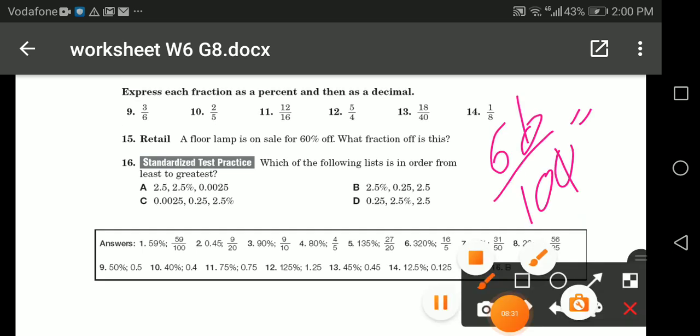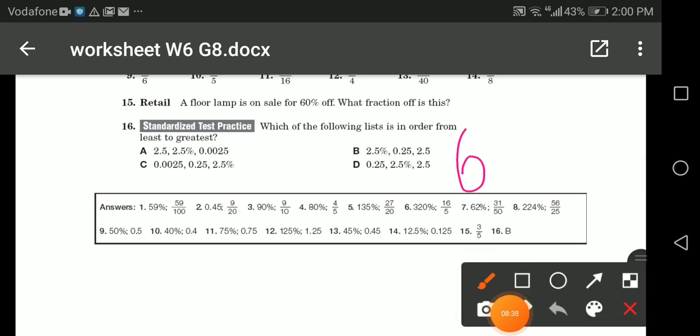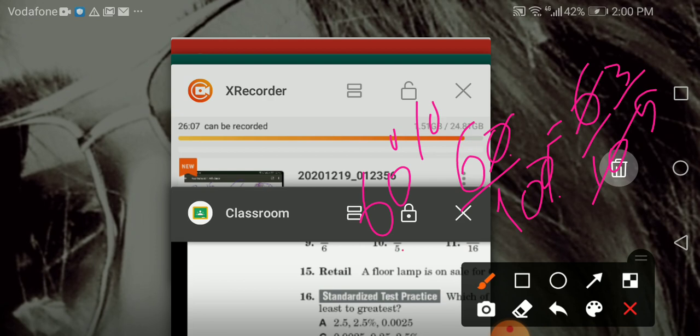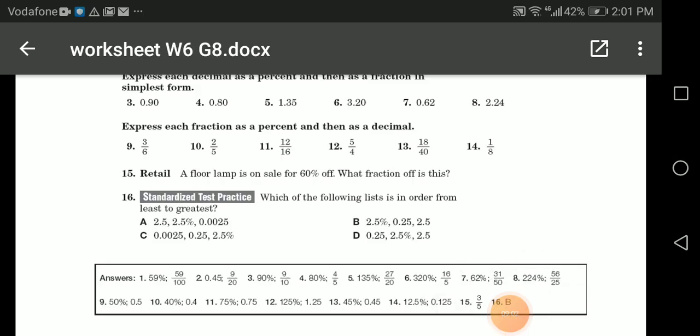I will write 60, of course, over 100. This is the 60%. Then simplify. Simplify means divide. Divide by 10 gives me 6 over 10. And then divide by the common factor 2: by 2 gives me 3, by 2 gives me 5. So the fraction will be 3 over 5.